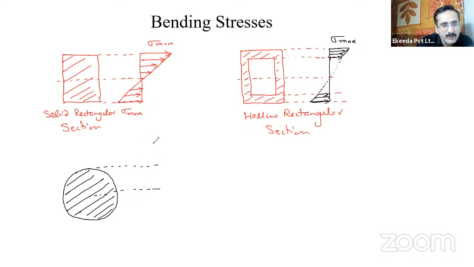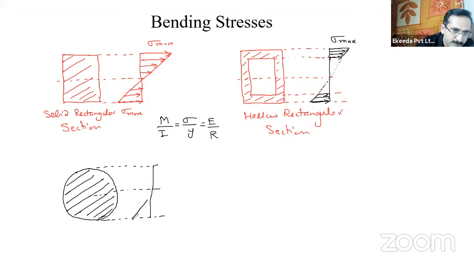Again, according to this equation, M by I equals sigma by y equals E by R, based on this equation again, the bending stresses will be maximum at the outer fiber of this section, like this. So this is the variation of stresses in case of a solid circular shaft or beam, right?